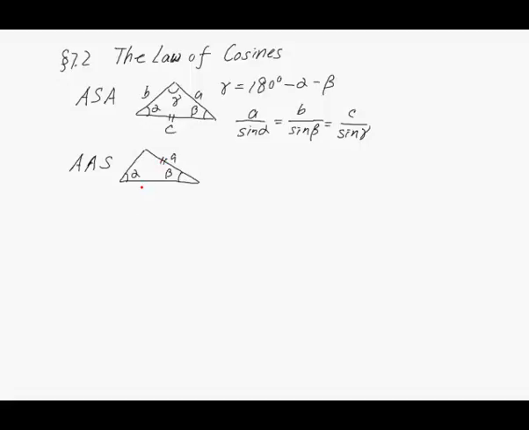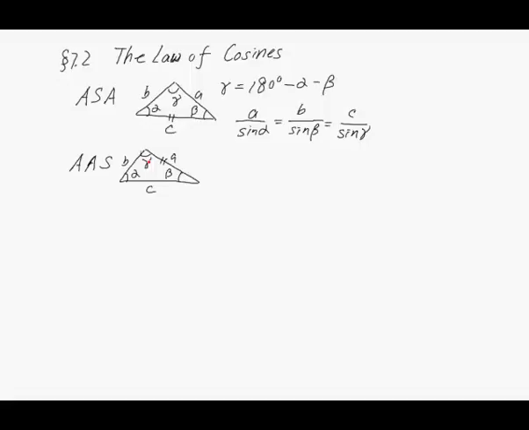Then you can find the angle gamma and also the side opposite angle gamma, C, and the side opposite angle beta, B. So just in the same way, you can find the third angle and the other two sides.